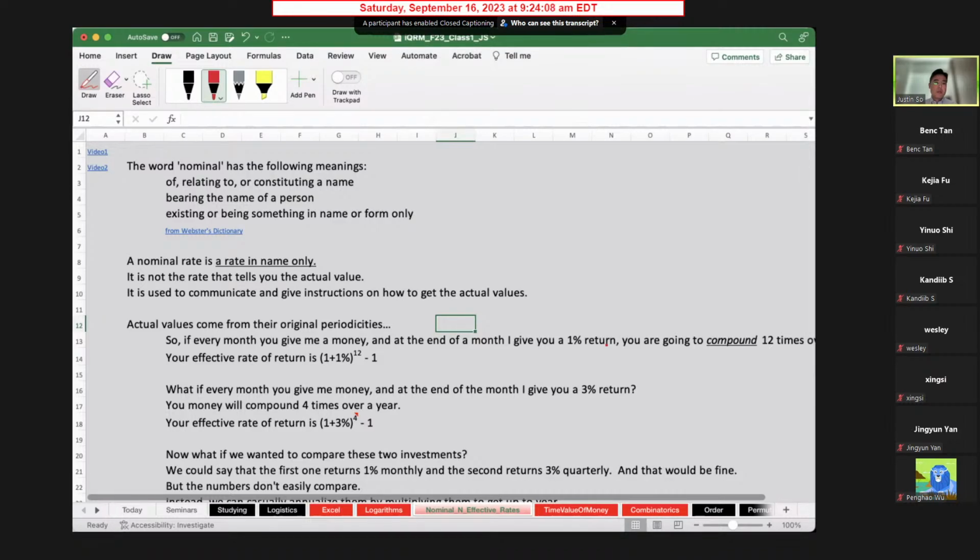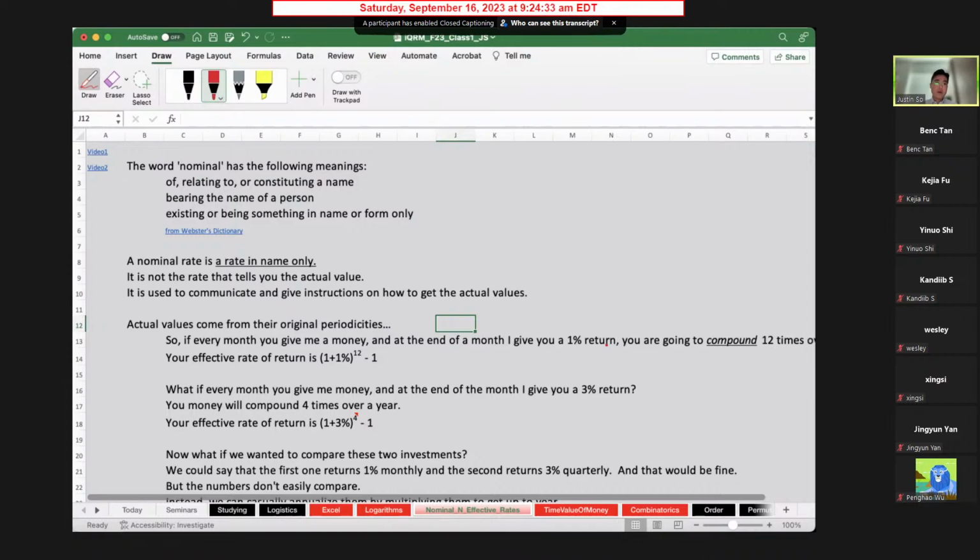So let's see two examples considering different periodicity. The compounding concept comes with different periodicity and period rate. Our basic assumption about the world is yearly and the annual rate.